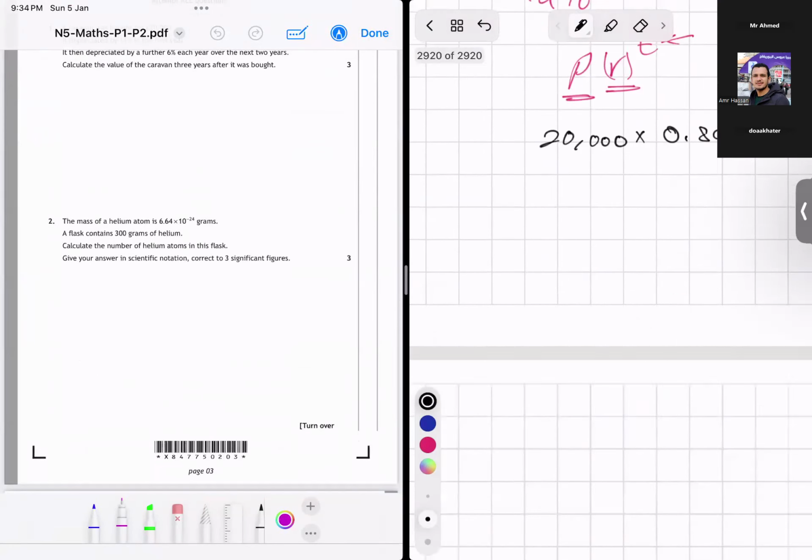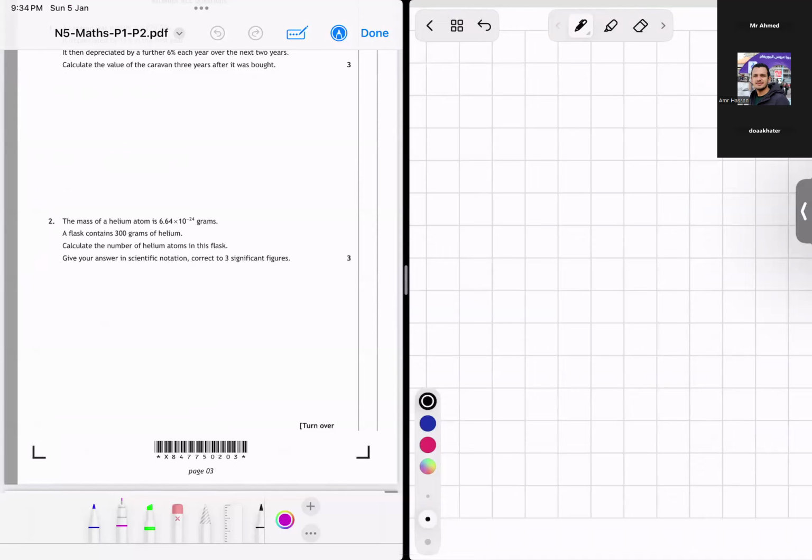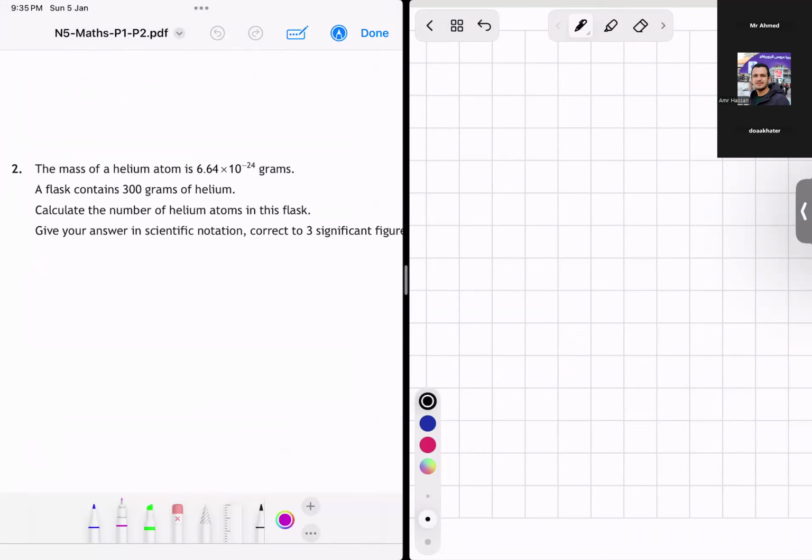The other one. Can we do it together? Yeah, sure. So we've got the mass. Let me zoom in. Every single time, you've been asked to calculate the number, remember? So it sounds like mass divided by the other mass, right?